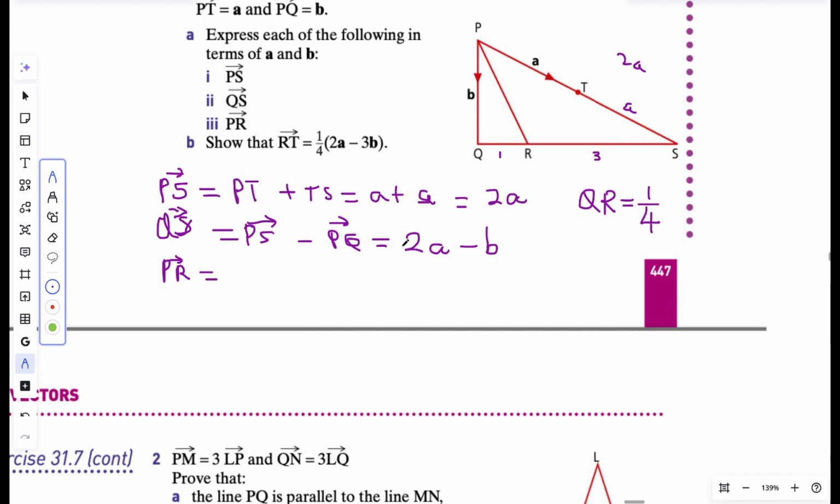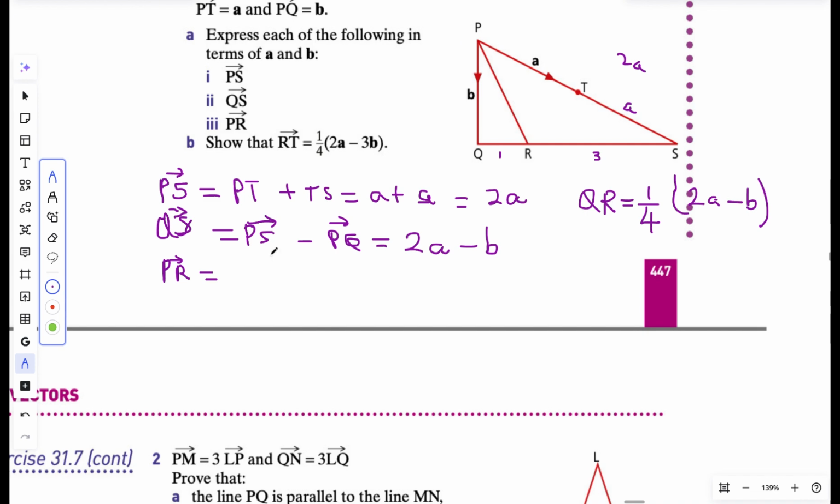We got 2A minus B, right? So QR is 1/4 of 2A minus B. That's what we're going to use for QR.